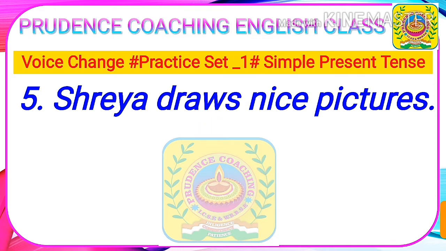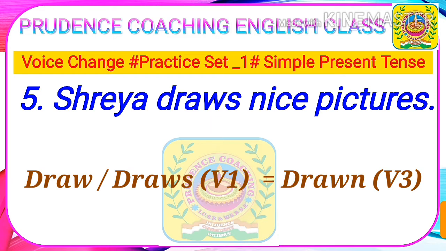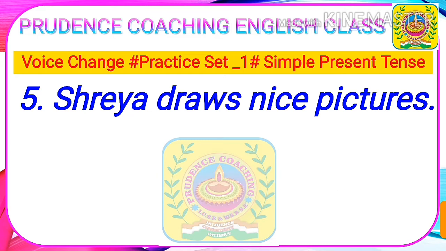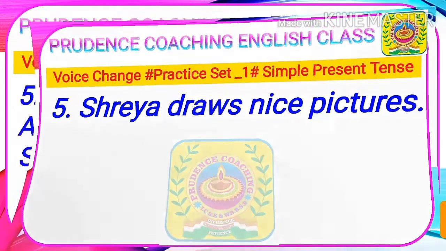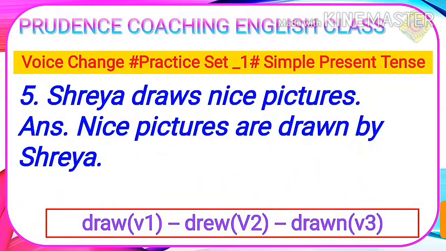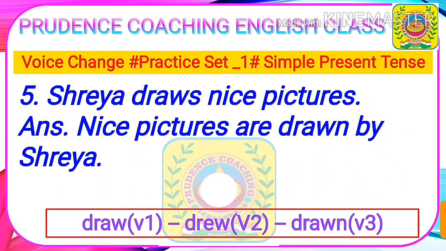Here the given verb is draws, which will become drawn, and after that we will add the preposition by and end the sentence with Shreya. So our final sentence in passive voice will be: nice pictures are drawn by Shreya.